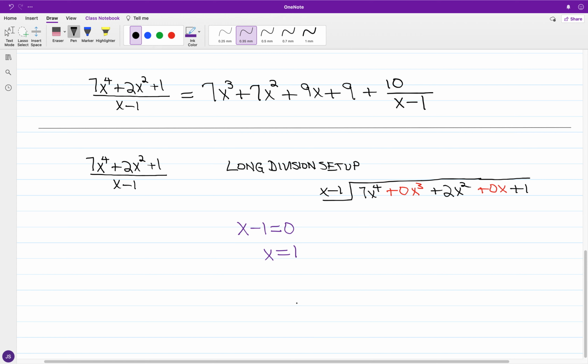For the synthetic division setup, where I have x minus 1 in the long division, I represent x minus 1 with its 0, the number 1.